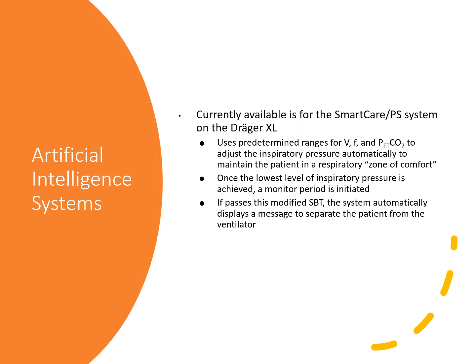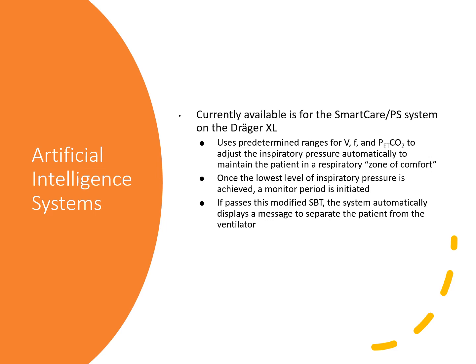So artificially intelligent systems usually rely on a lot of technology. The only commercial system is the SmartCare pressure support system that Dräger offers, and this uses a range of volume, frequency, end-tidal CO2. So it's going to use end-tidal CO2 or exhaled CO2 to adjust the inspiratory pressure.